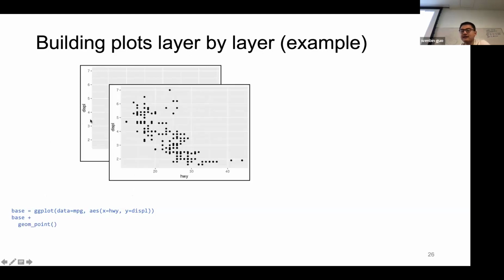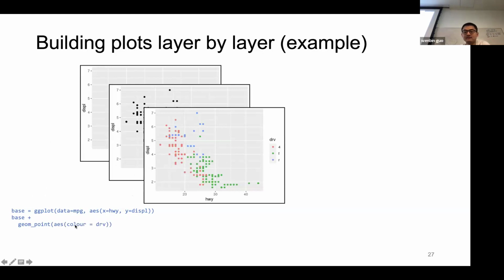Next, we can add the geometry layer. For example, we use geom_point to show the data points on the plot. And we can define another aesthetic mapping within the geometry layer to add a color based on another variable. Basically, we are just mapping the color to our data variables here.